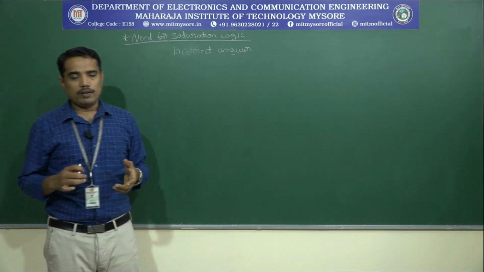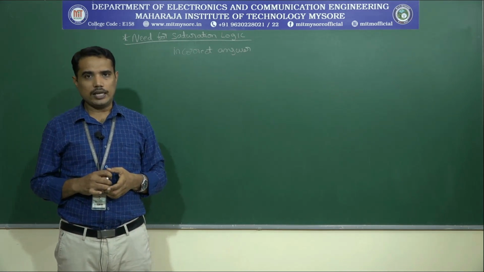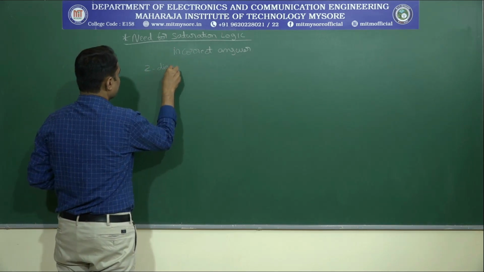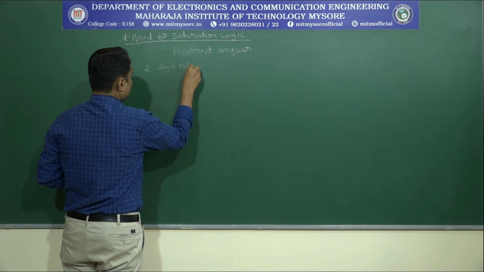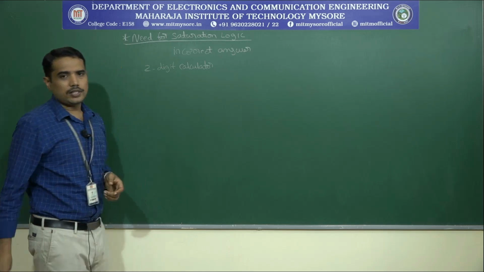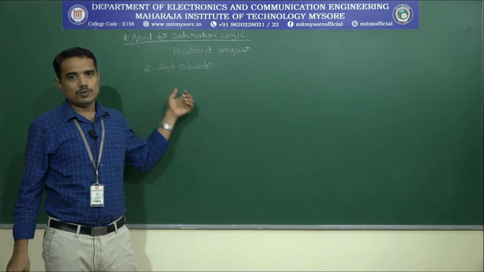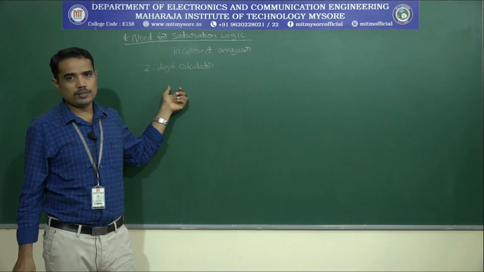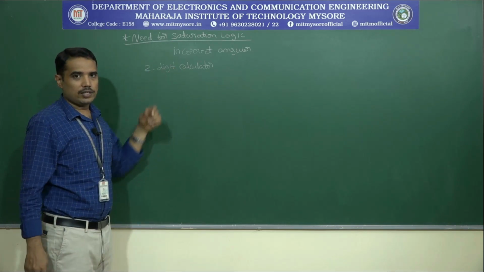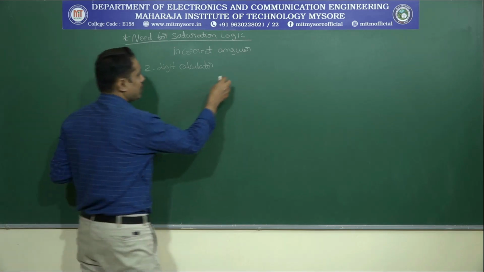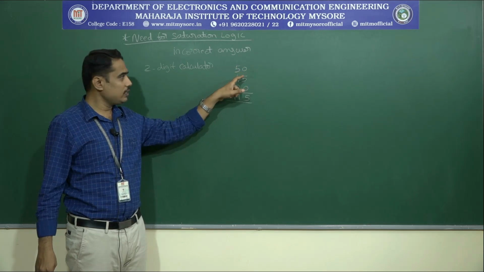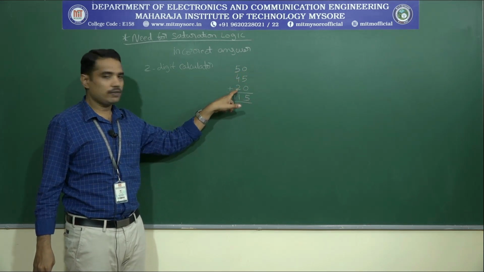Let us consider I am having a 2-digit calculator. With the 2-digit calculator, I can compute only taking 2 operands which are 2 digits. If I try to compute the addition of the values, the first 2-digit example is 50, the second is 45, and the third one is 20.